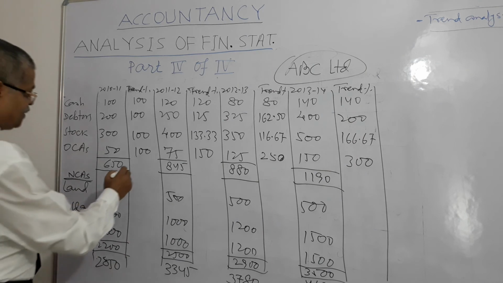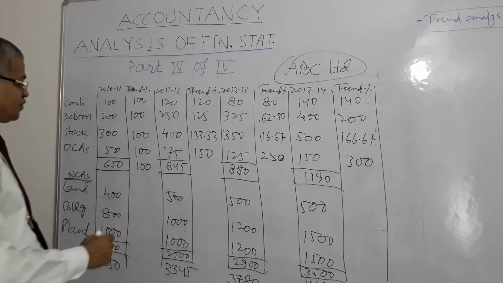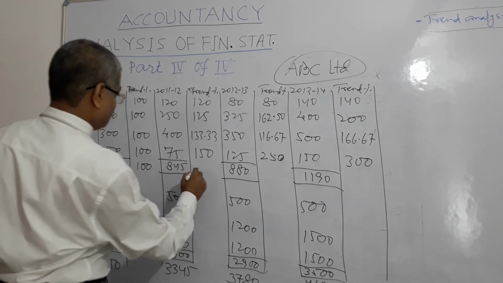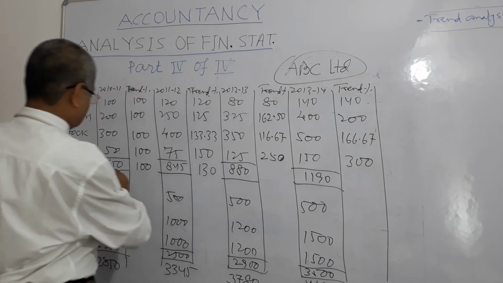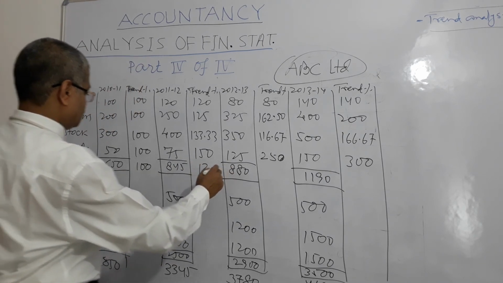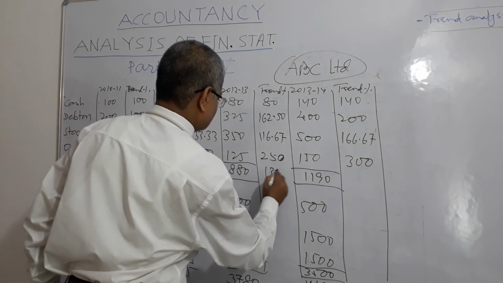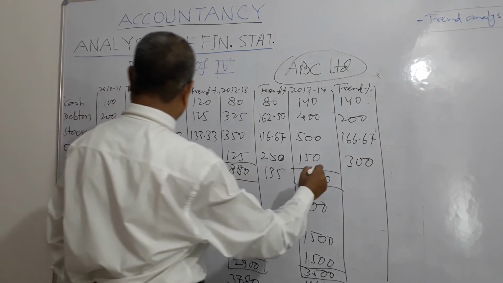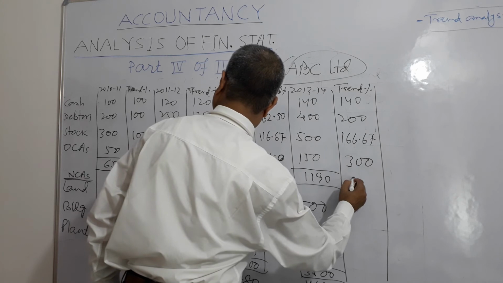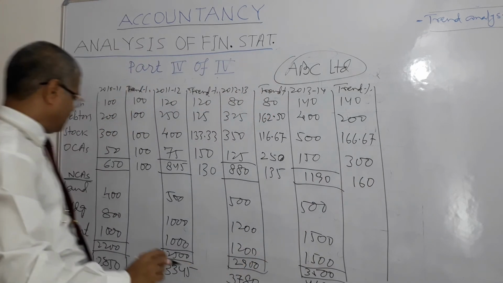So when 650 is 100, 845 is how much? 130. 650 becomes 880, so around 135 something. 650 becomes 1190, so maybe 160 or whatever. It will be like that.